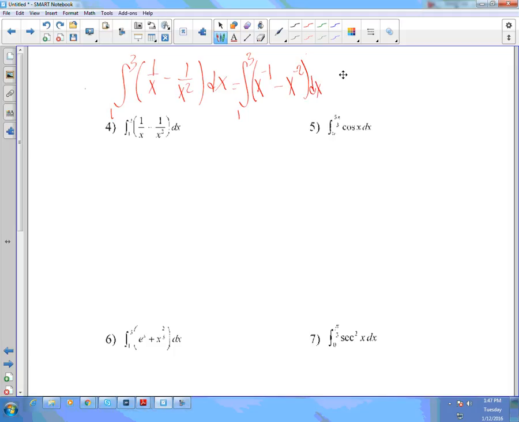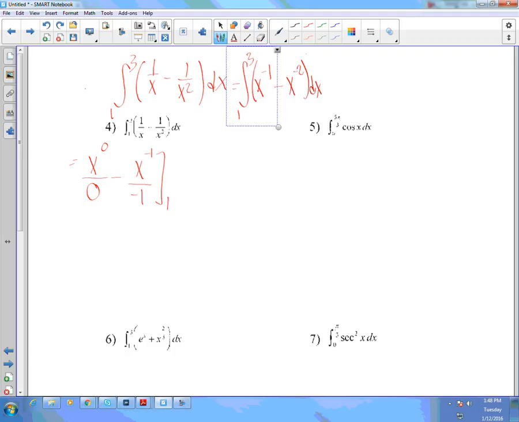So we use power rule, which means we increase the exponent and divide by the new exponent. So if our exponent's negative 1, we increase it, we get x to the 0. We divide by 0. Okay? Which is a little bit of a problem. Over here, we increase the exponent, we negative 1, we divide by negative 1.